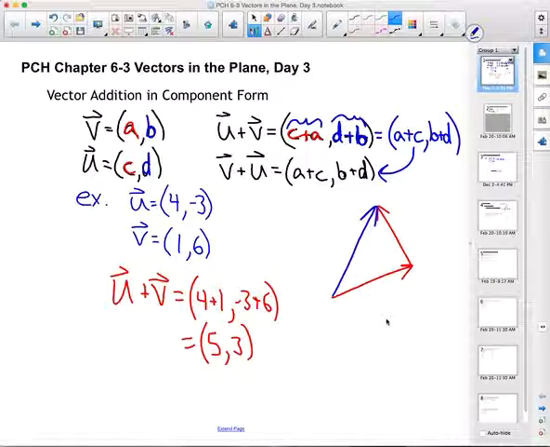We weren't really considering the components at that point. Now we actually have a numerical value related to that resultant vector. And what that would allow us to do is, if we wanted to draw u plus v, we wouldn't have to draw out u and v. We could just say, hey, this is going to be our result.